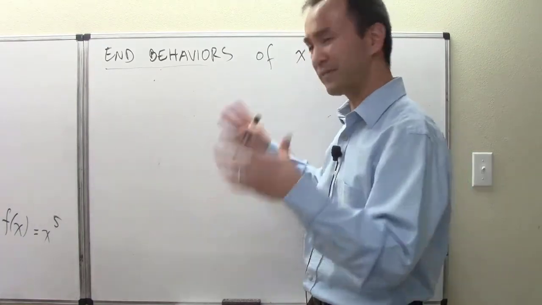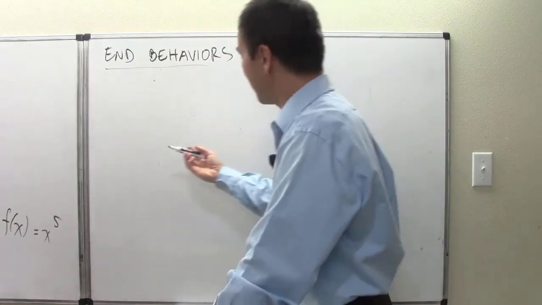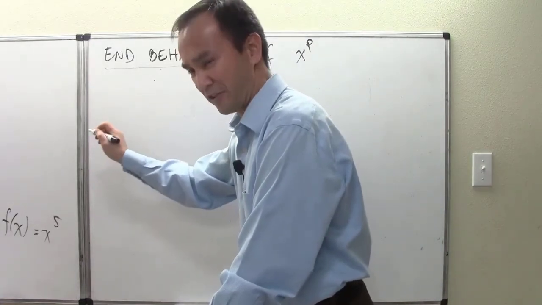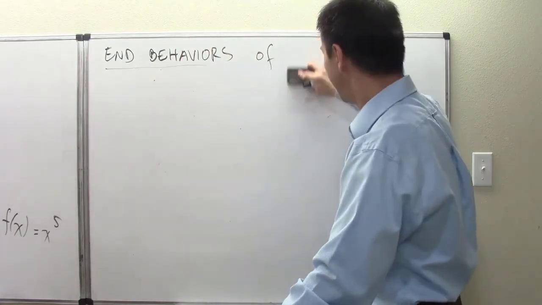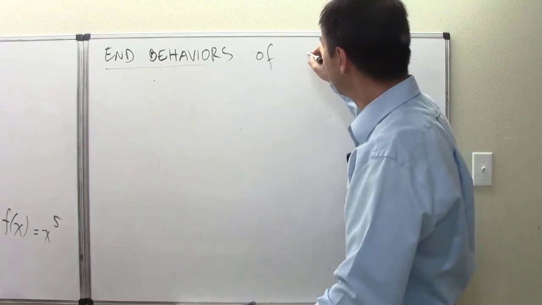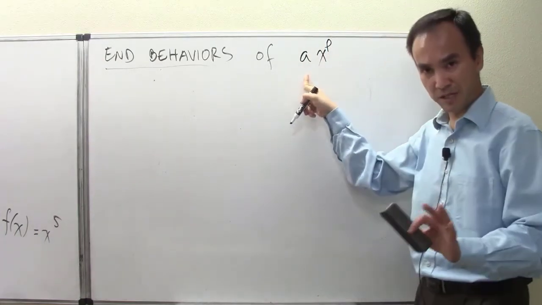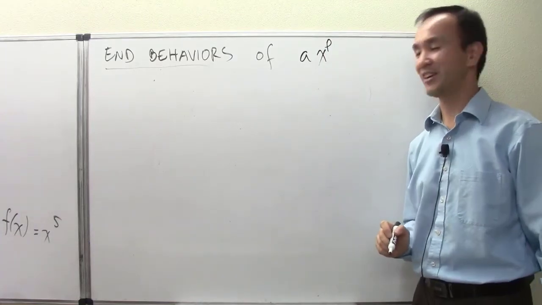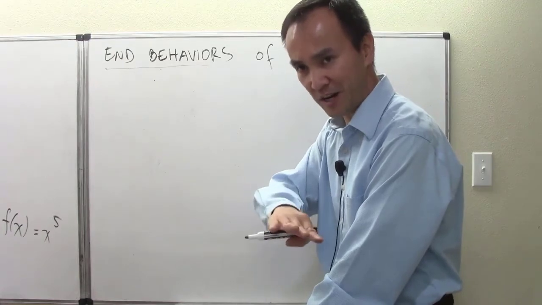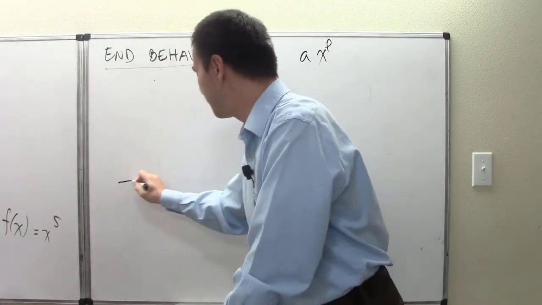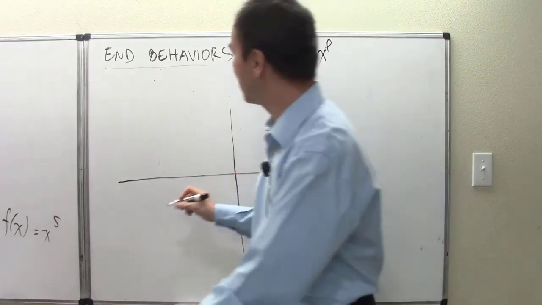On any power function, and I should have written this as x to the p, but with a coefficient. X to the p with a coefficient. Now we can generalize all of our observations from earlier, when I pointed them out through the graphs. We can organize things into the following table.